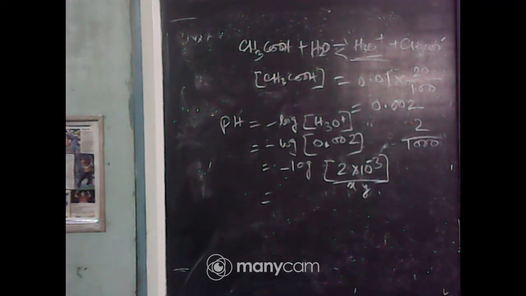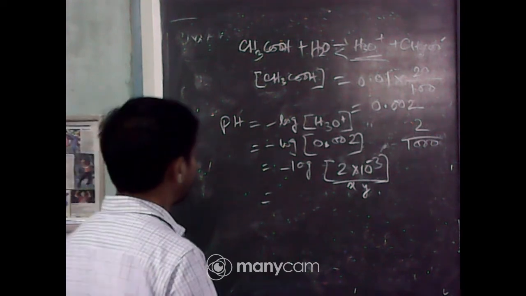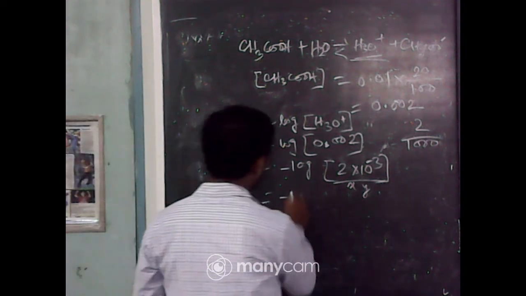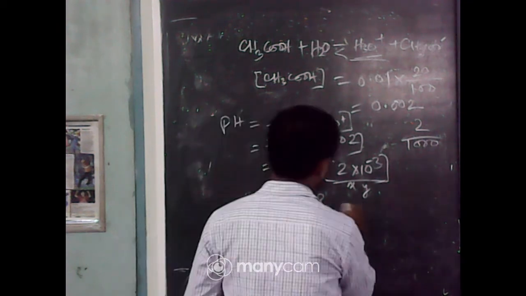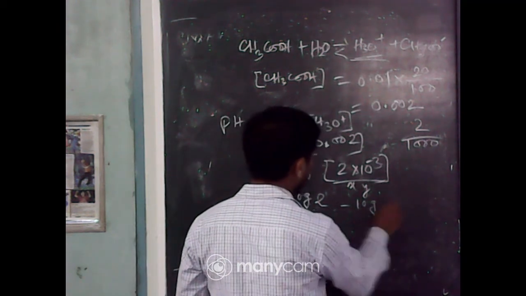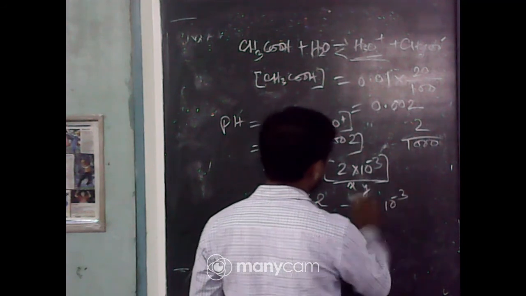The first step is log xy, x into y, that is log x plus log y. And in the second step, just log 2 minus log 10 to the power minus 3.